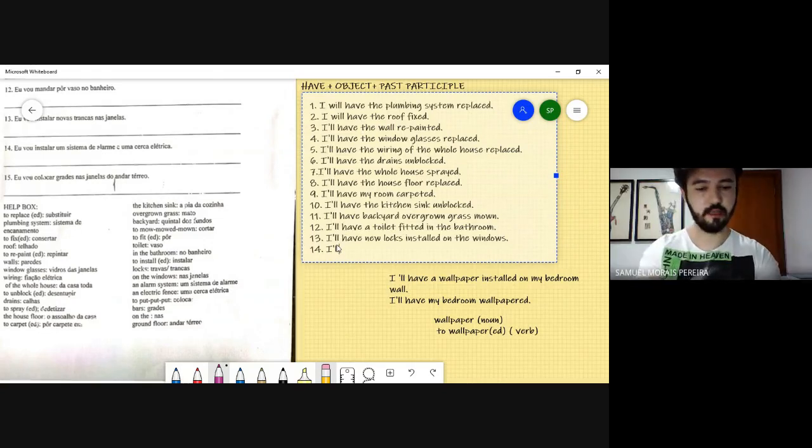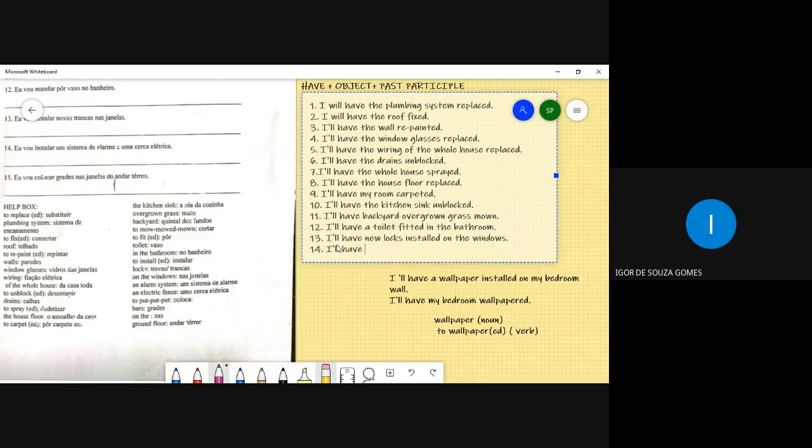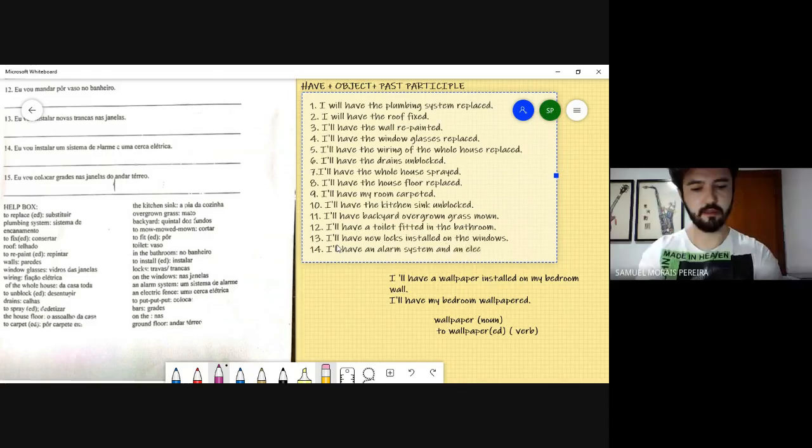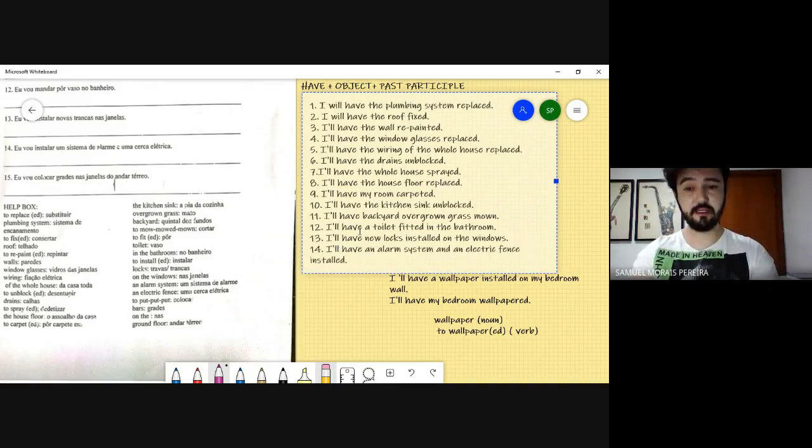Installed. Yes. So, could you repeat the sentence, please, for me? I will have an alarm system and an electric fence installed. Okay, installed. Okay. Or you could say fitted, né? Fitted quer dizer instaladas também, tá bom? I'll have an alarm system and electric fence installed.